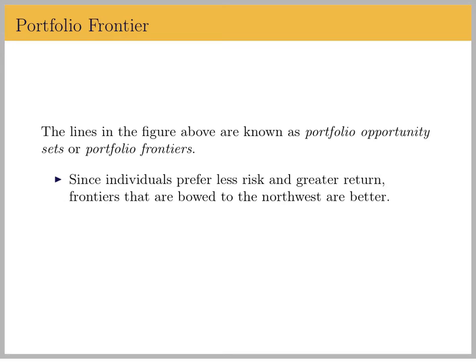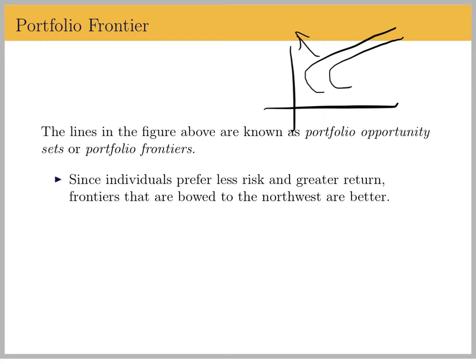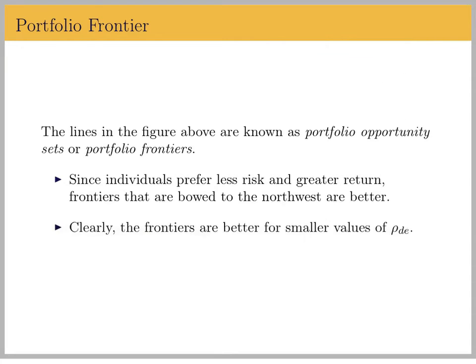Now, since individuals prefer less risk and greater return, at least that's the assumption we're making in this course, we know that frontiers that are bowed to the northwest are better, because we prefer portfolios that have smaller standard deviation and greater expected return. So we like portfolios in that direction, as we investigated in the last lecture.